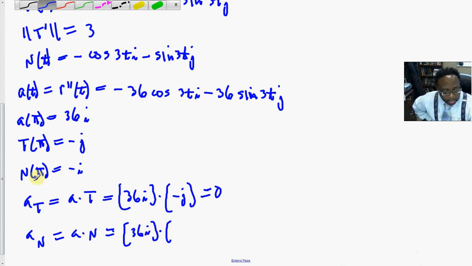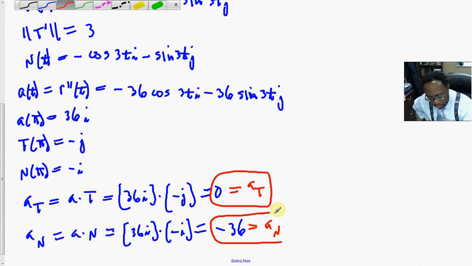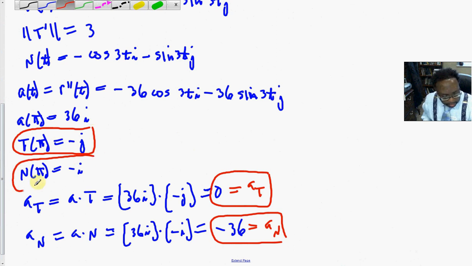This is times the normal, which is negative i. So here we just get negative 36. So that's the tangential component of acceleration, and this was the centripetal component of acceleration. And then the tangent vector, and then the normal vector.